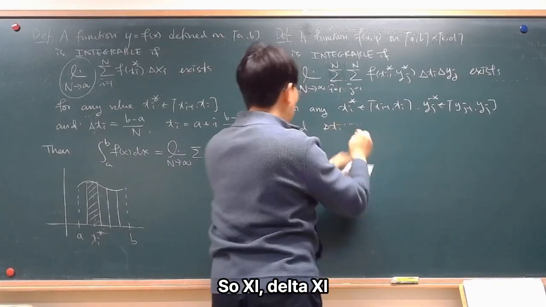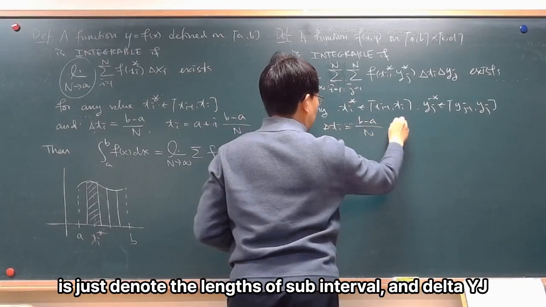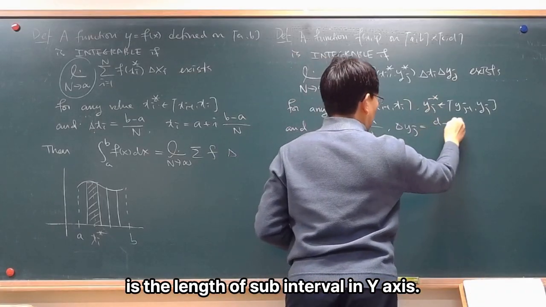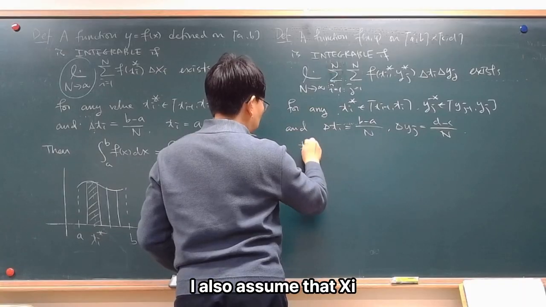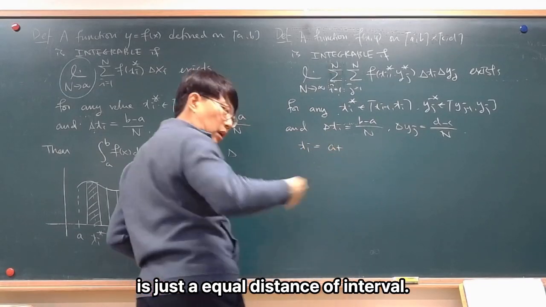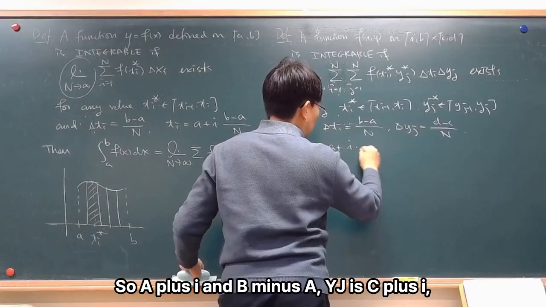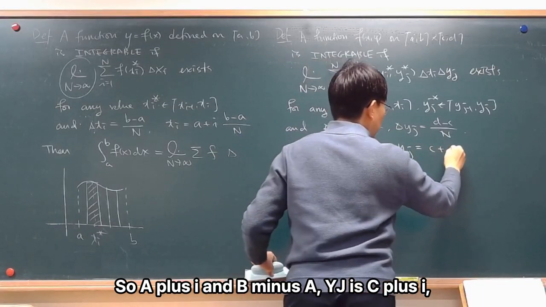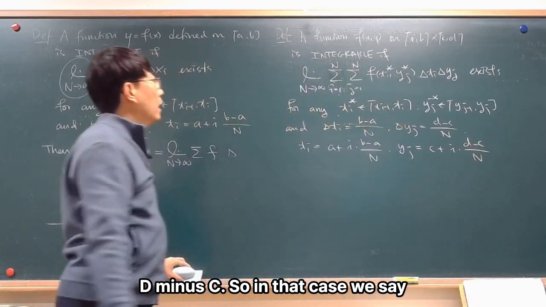So delta xi denotes the length of the subinterval, and delta yj is the length of the subinterval on the y-axis. Here I also assume that the subintervals are equidistant. So xi is a plus i times b minus a over n, and yj is c plus j times d minus c over n.